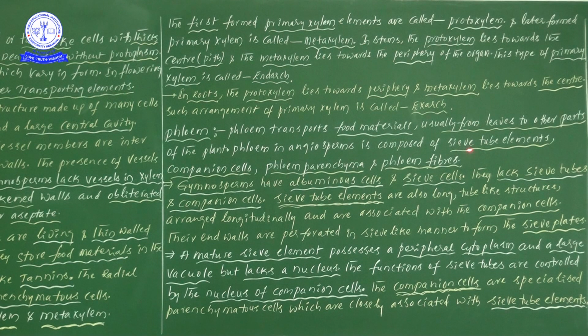Sieve tube elements, companion cells, phloem parenchyma and phloem fibers. Can you guess which one is dead? The last one, phloem fibers. Fibers are always dead. Don't forget. These phloem fibers are also called bast fibers.